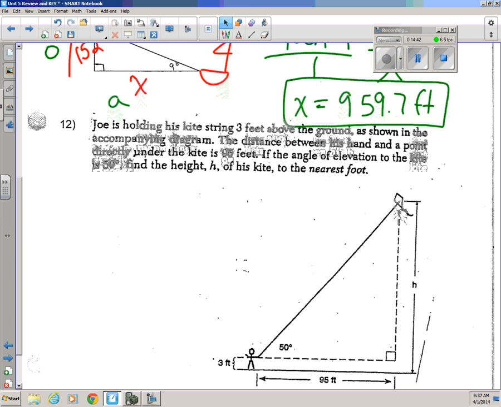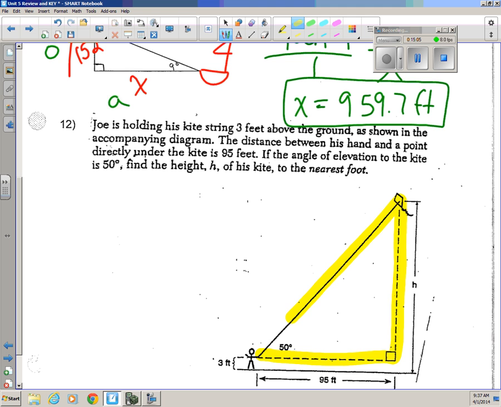Joe is holding a kite string 3 feet above the ground, as shown in the accompanying diagram. The distance between his hand and the point directly under the kite is 95 feet, and it's showing you that. If the angle of elevation is 50, it's showing you that. Find the height of the kite. Now, what you need to understand is the measures that you're dealing with are really only from here to here to here.